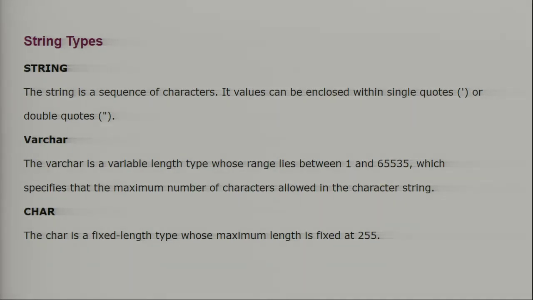Okay, last is basically the char, which is a fixed length type whose maximum length is fixed, that is 255. So varchar is a variable one, char is a fixed one. One is 1 to 65,535, whereas in fixed it is up to 255 only. So this is the string type which you need to go through.